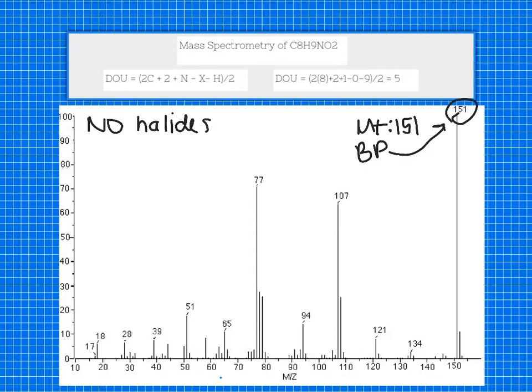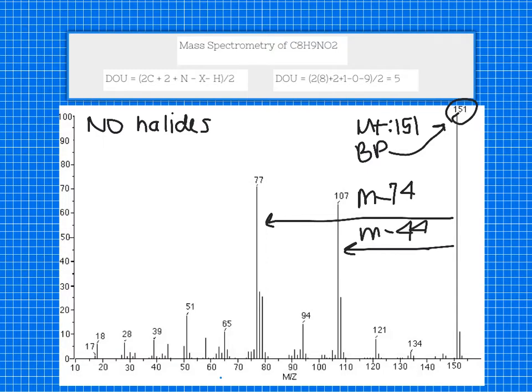And then finally, one of the last things I look at is the possible fragmentation patterns. We can see we have one probably here and one here. Here we have M minus 74, and here we have M minus 44.